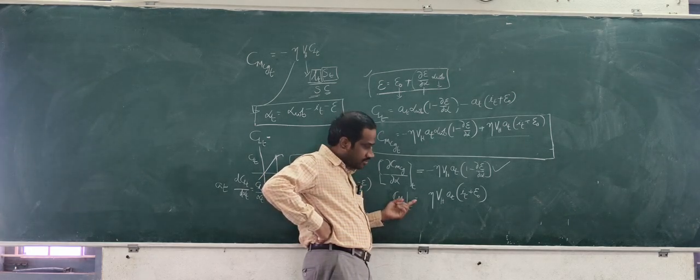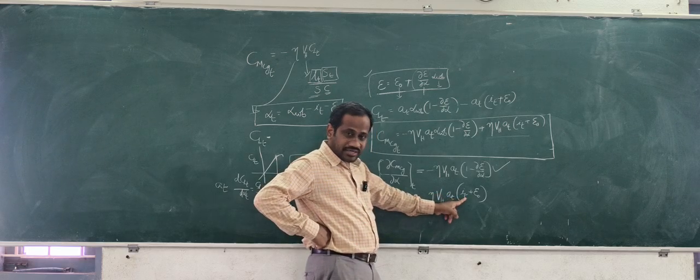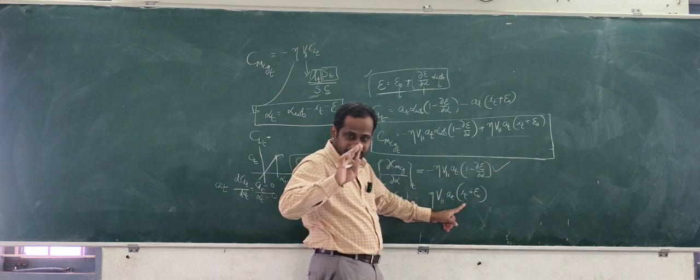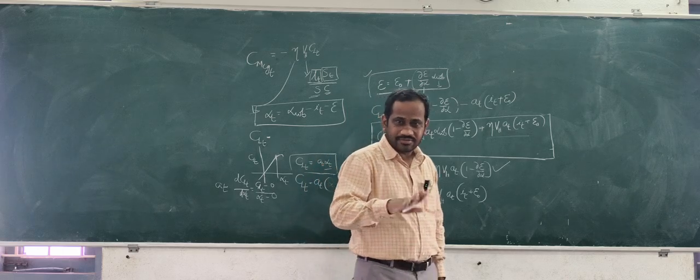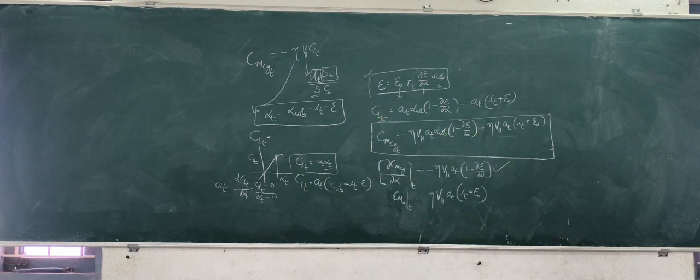CM naught T is positive. It is positive only when tail setting angle is, look at the diagram, horizontal tail is fixed below the fuselage reference line. Then only it will be satisfying CM naught positive by the tail contribution.